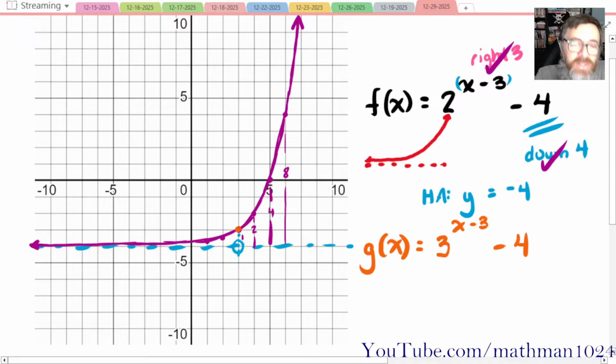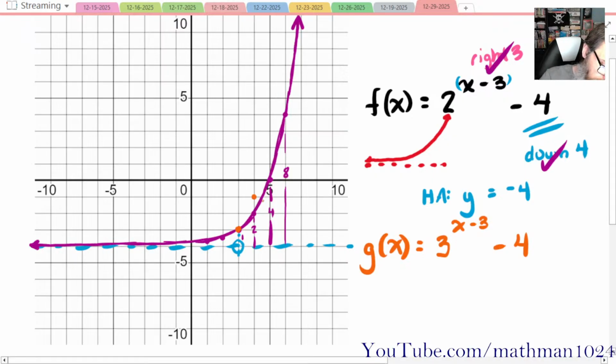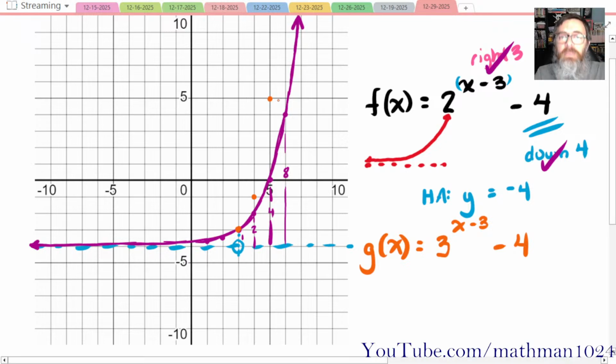But since my base is 3, every step I take along the way, he's going to be multiplying times 3, which means his next step is going to be 3. The one after that is going to be up here at 9. And then the one after that's going to be 27. So he's already way off the grid, right? So having a larger base means that you're going to be blowing up a lot faster. You're going to be a lot steeper there.